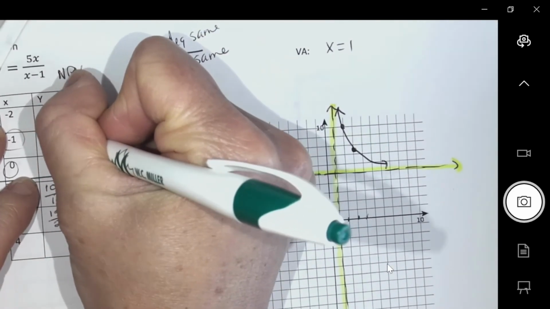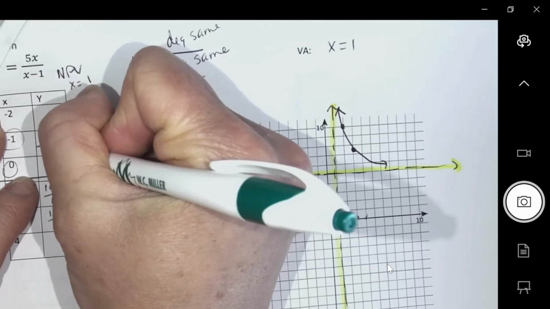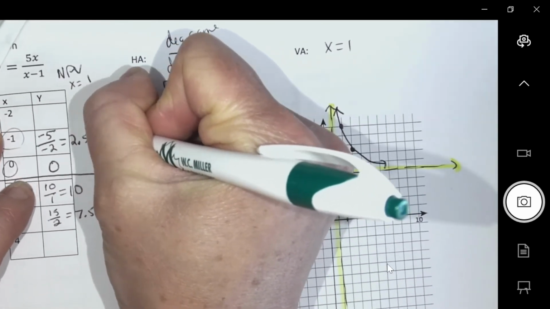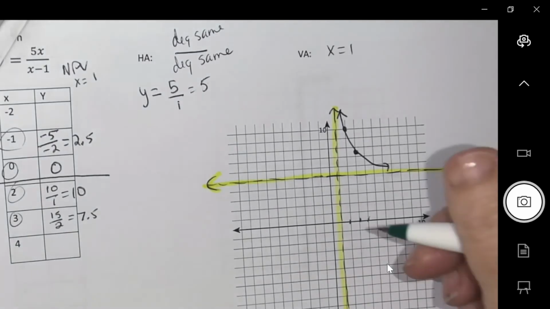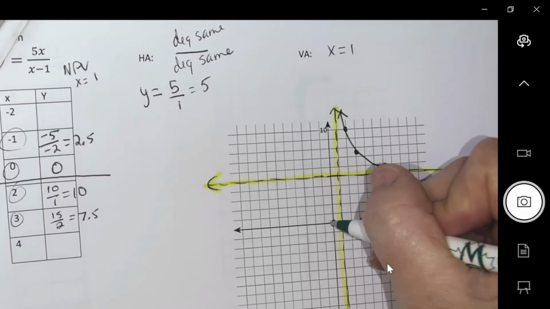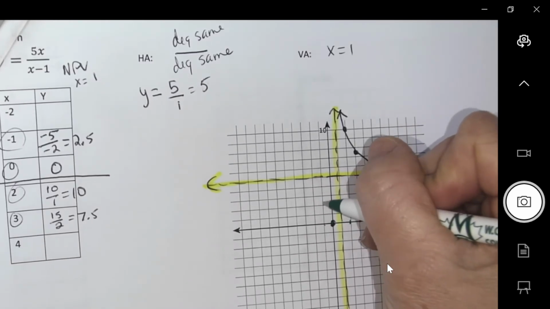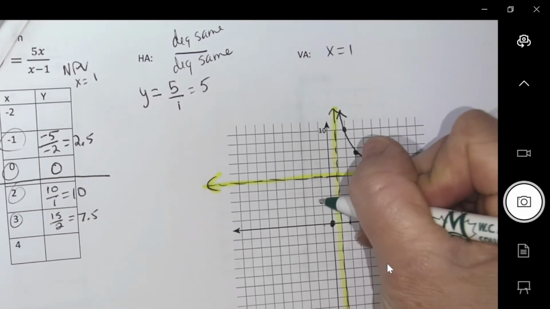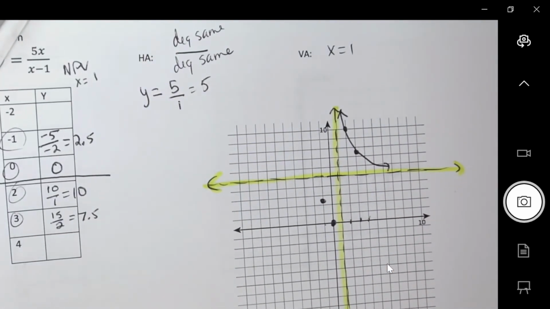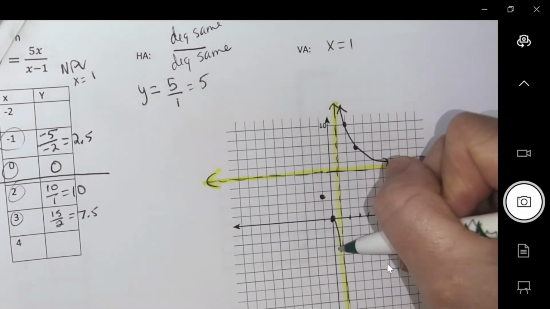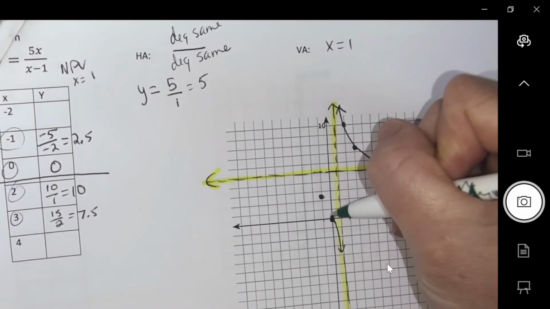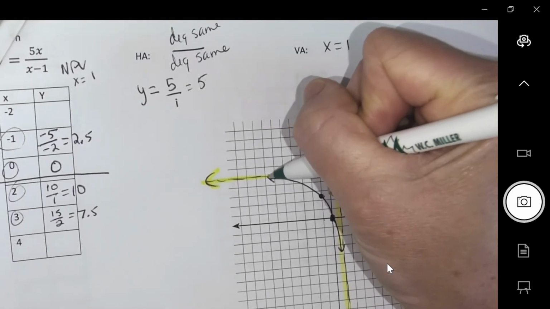And -1 makes -5 over -2, which is 2.5. So 0, 0 and -1, comma 2.5. Okay, do you have enough understanding of what the shape will do? It's going to be going down there and then a curve and flatten.